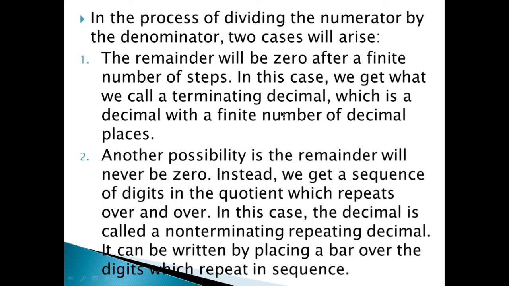So number 2, another possibility is the remainder will never be 0. Instead, we get a sequence of digits in the quotient which repeats over and over. So in this case, the decimal is called a non-terminating repeating decimal. It can be written by placing a bar over the digits which repeat in sequence.